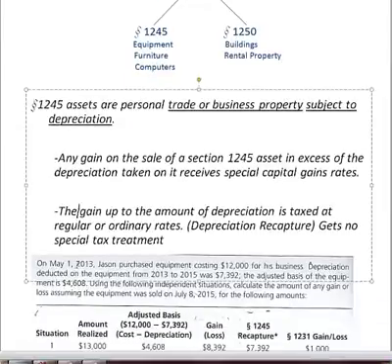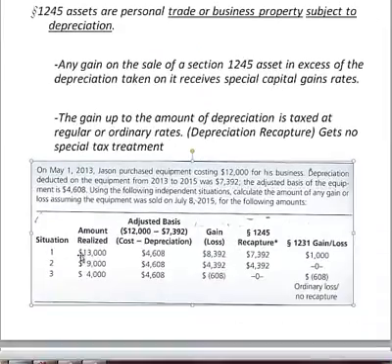So let's take a look at our example here. You'll find that on page 7-17 of your text. It says on May 1st, 2013, Jason purchased equipment costing $12,000 for his business. Depreciation deducted on the equipment in previous years was $7,392.